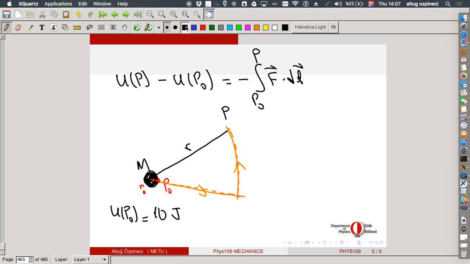I will go first radially out and then along this radial curve. Okay, this is my path.